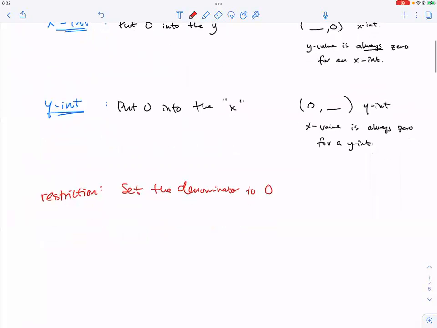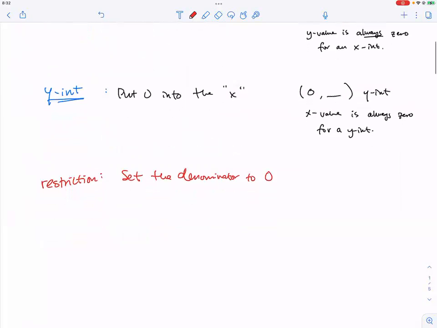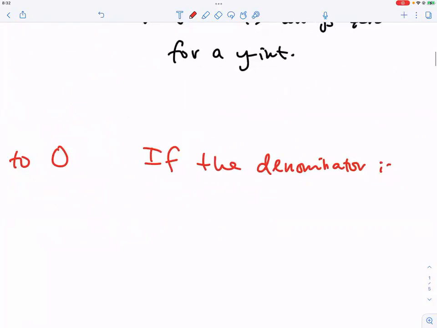And the reason is, what happens if the denominator is 0?